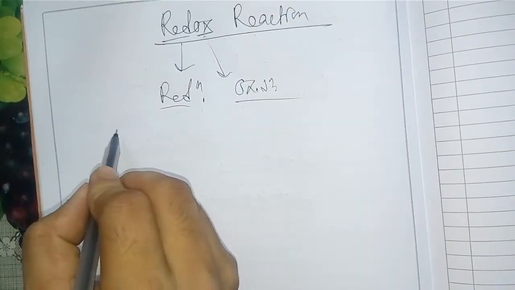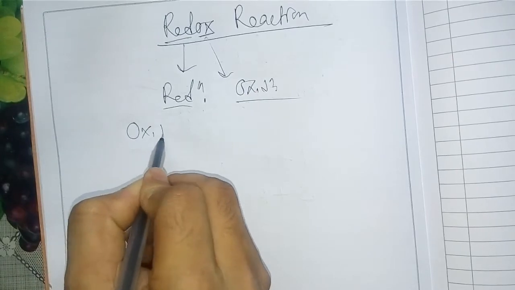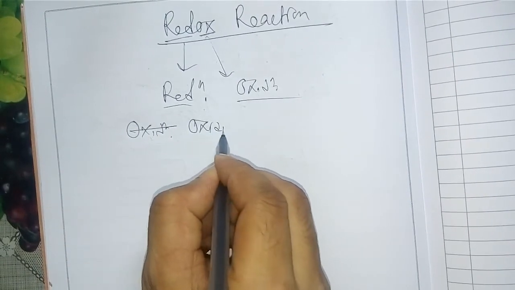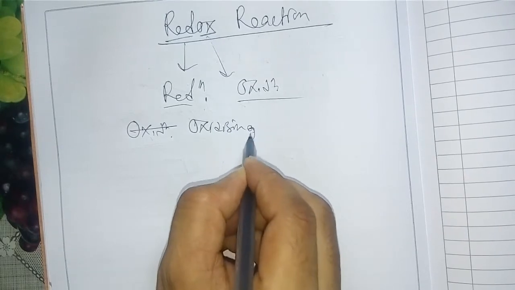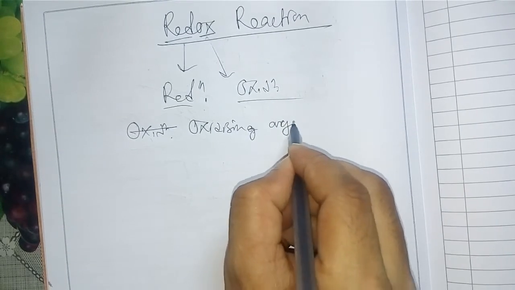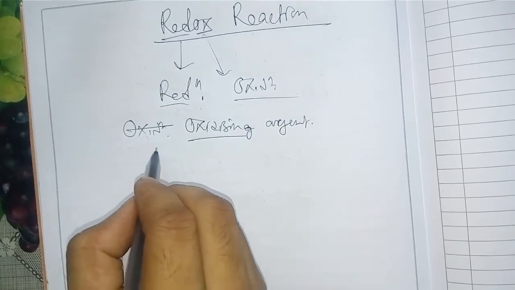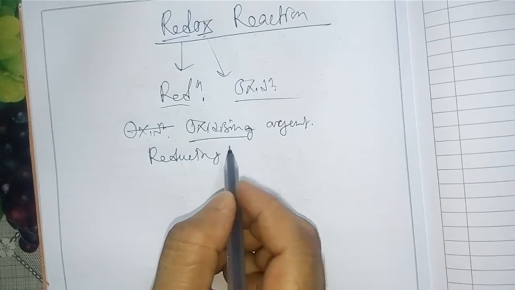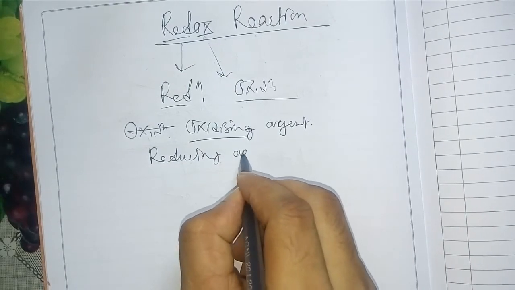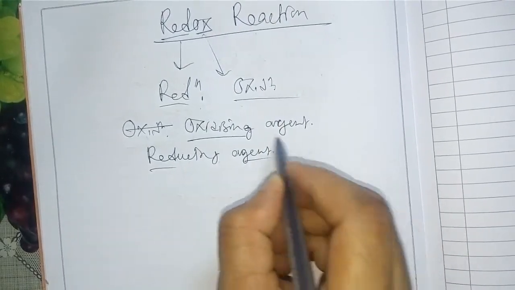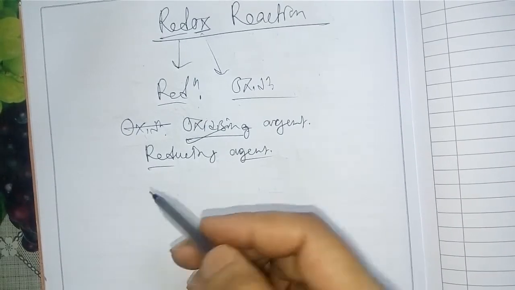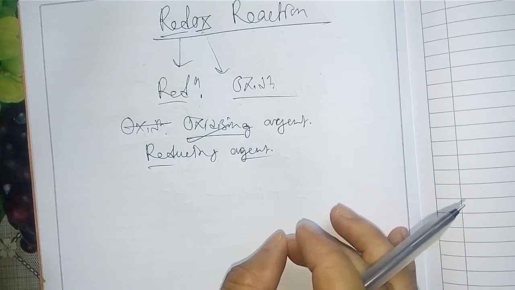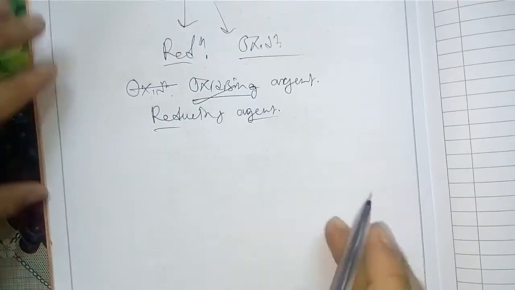After that, oxidizing agent and reducing agent. What is an oxidizing agent? The oxidizing agent means acceptor of electron or electrons. This one is the oxidizing agent.